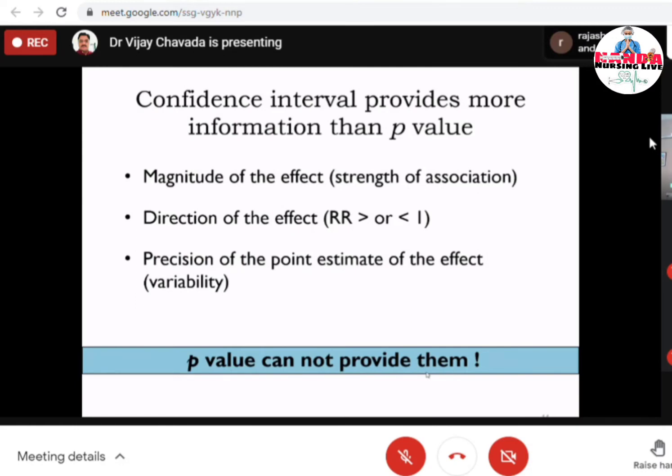The significance is shown only when you can prove this is the strength of my association of these two, this is the relative risk, this is the odds ratio, and this is the precision of my point estimate. Unless you show these things, the results are not supposed to be that strong.